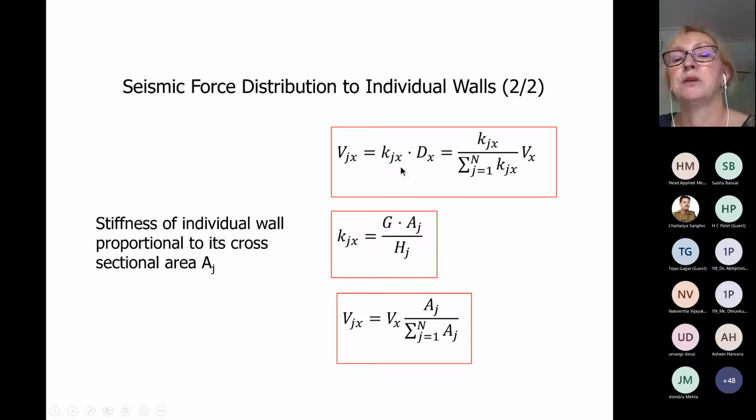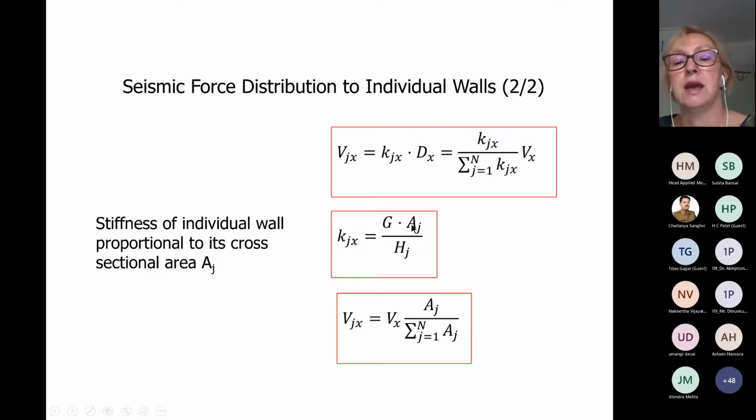Then, how do we determine the stiffness of the wall? We say it is a fixed property. The stiffness of the wall for shear is equal to the shear modulus, remember shear modulus from the last lecture, 0.2E, times the cross-sectional area of that wall, meaning in the horizontal direction, length times thickness, divided by the story height for that wall, let's say 3 meters or whatever it is.